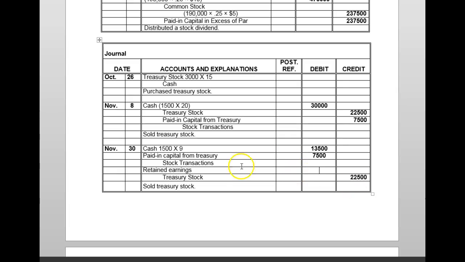So I'm going to have to remove it from retained earnings. The remainder has to come out of retained earnings, which is $1,500. So that's literally a loss. Probably that would look better down here. We gained it here with this. We lost it here, and then we literally had to go into retained earnings and remove some to balance that transaction.